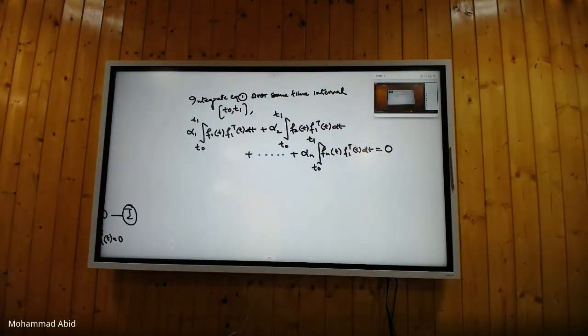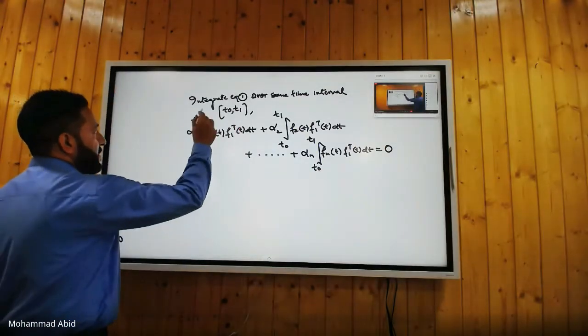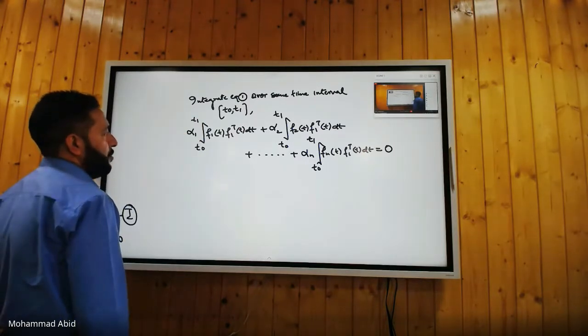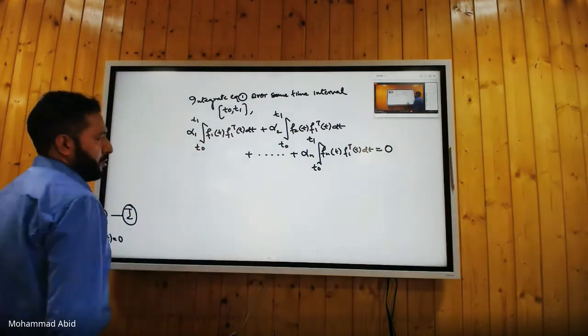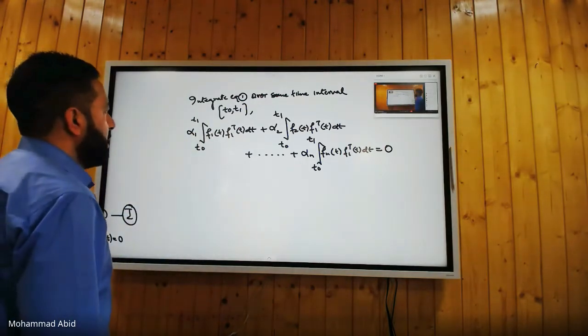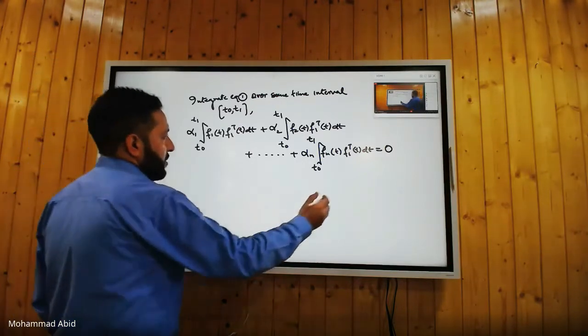Once I do that, when you evaluate this integral over a definite time interval, t0 to t1, where t0 and t1 are known, they'll come out to be constants, some values. I call this equation number 1.